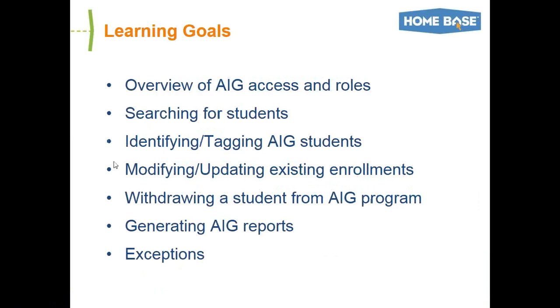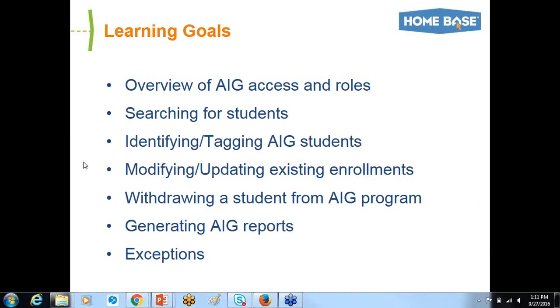Okay. So today we're going to talk about some learning goals, and those will be the overview of your AIG access and roles, how to set those up, who needs to have those roles. We're going to talk a little bit about searching for students. That's just your search functionality in PowerSchool. And then we're going to talk about when you find those students, identifying and tagging your AIG students.